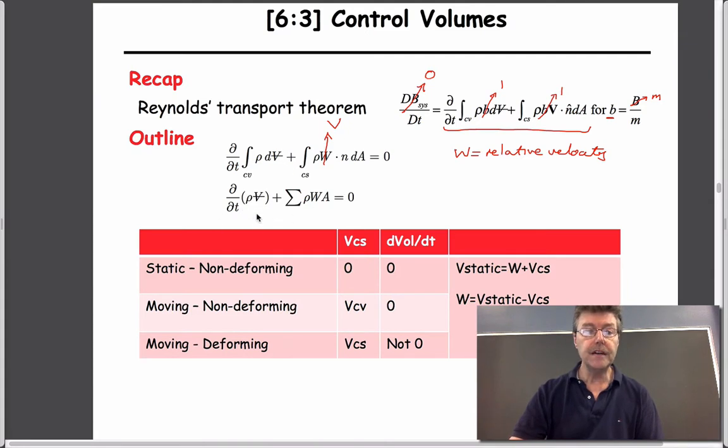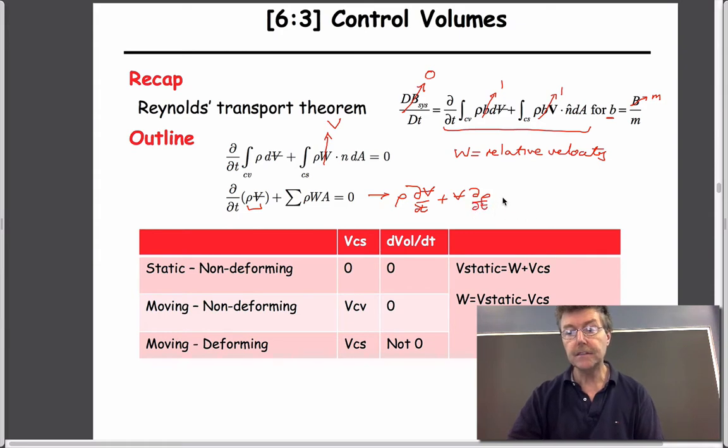And if we want to write this out in an even less complicated way, then the way that we talked about the final form of this last time was by splitting up this density and volume part into a component that is constant density but a changing volume, constant volume but a changing density, and a sum of mass flow rates.